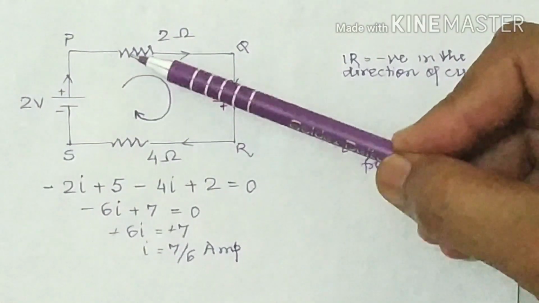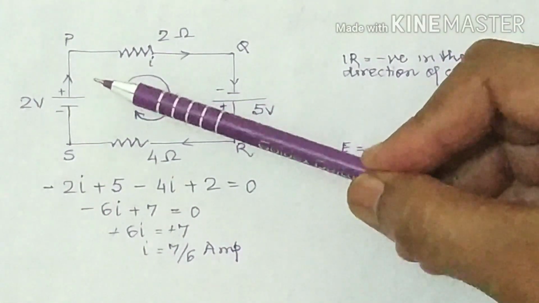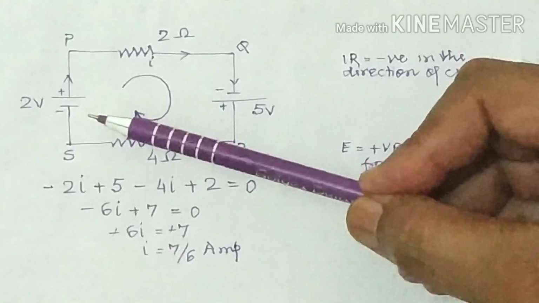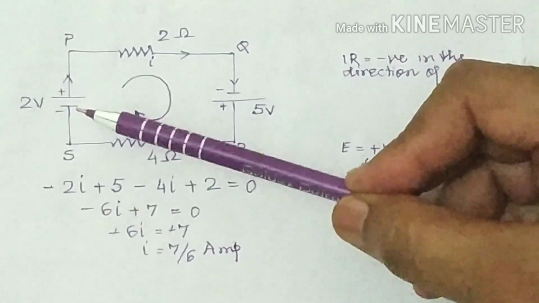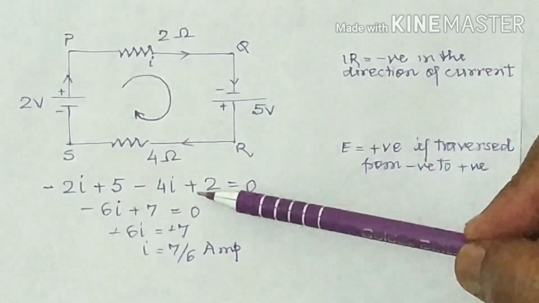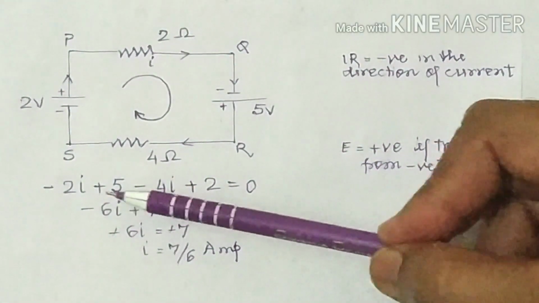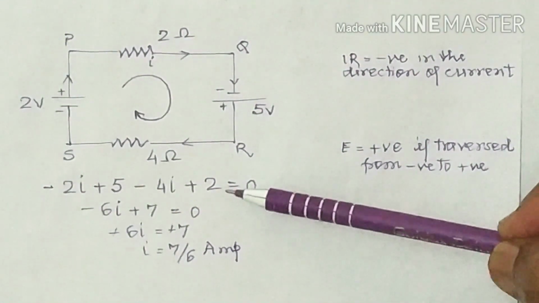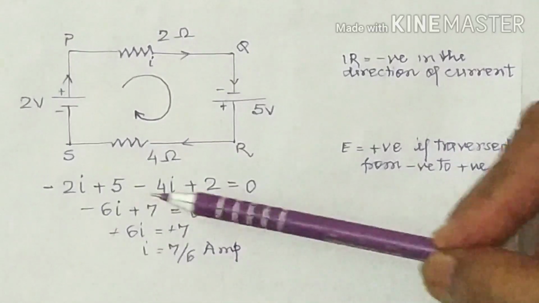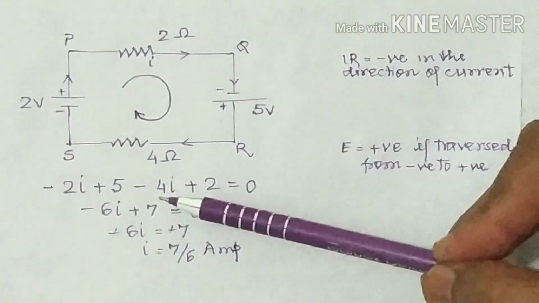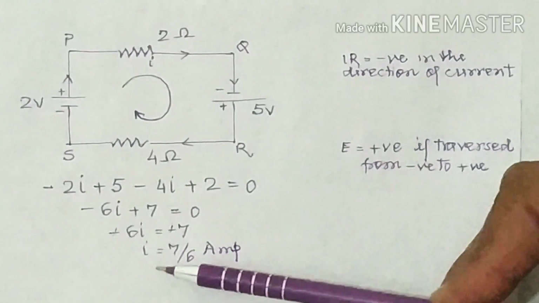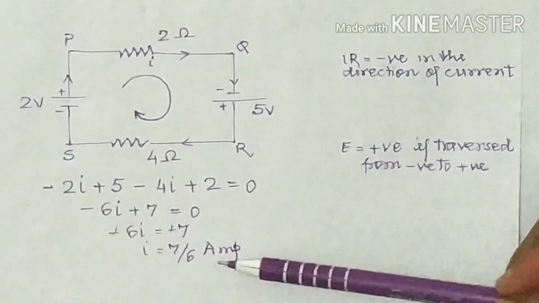As you are moving from negative to positive, again an increase in potential, so it will be taken as plus 2. The algebraic sum of all the potentials and EMFs across the circuit is 0. So minus 2I minus 4I, that is minus 6I, plus 7 is equal to 0, and I comes out to be 7 upon 6 ampere.